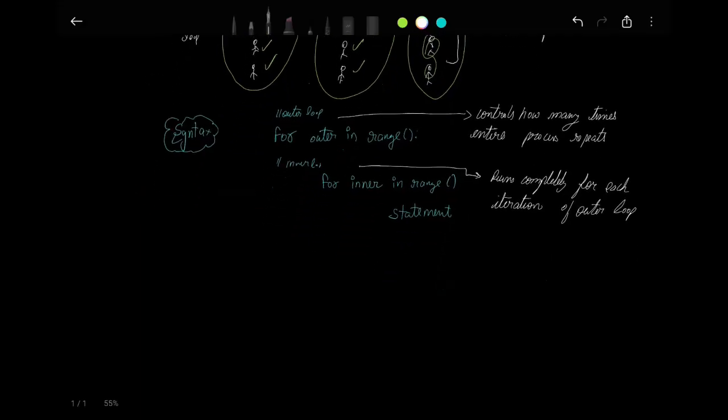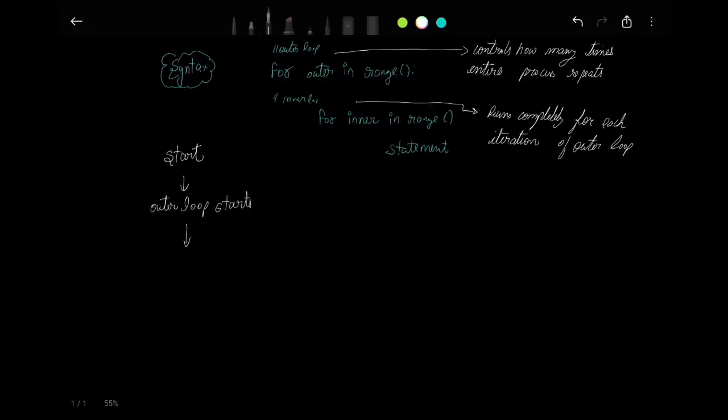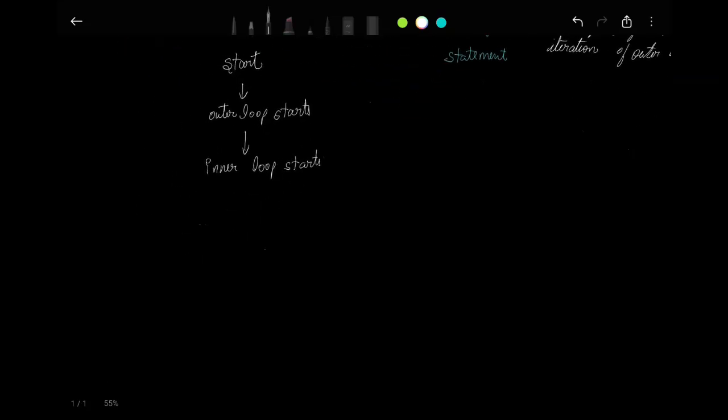So the execution flow looks something like this. Firstly, we start the program. As soon as the program is started, the outer loop starts. After the outer loop, the inner loop starts. Then the inner loop goes through its iterations, and the inner loop ends.